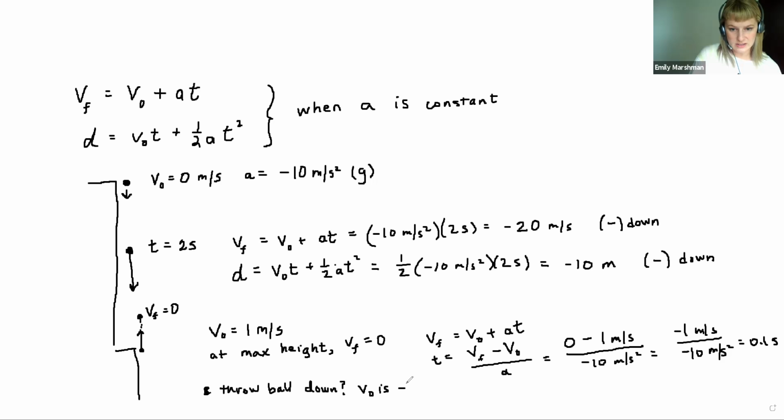V initial is negative. And then apply your kinematics equations from there. Okay. So that's kind of applying the kinematics equation for an object in free fall moving in one dimension.